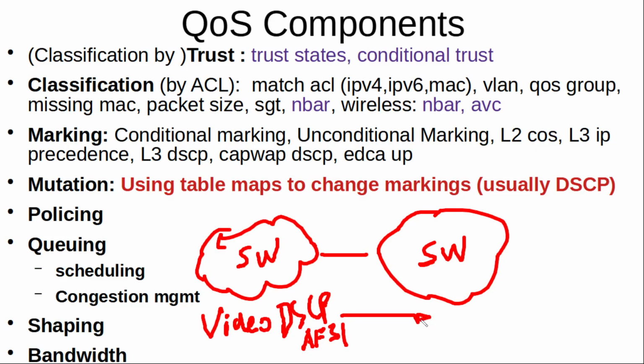But then it enters your switching domain, and for your domain, you say that video should have a value of AF41. That means mutation. So you're going to change this value, and you're going to make use of a table map in order to do so.